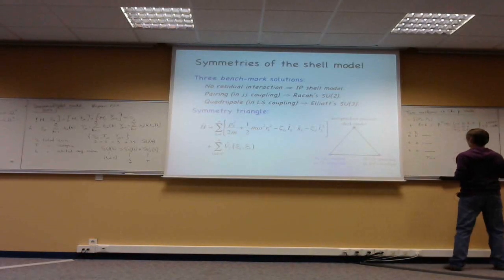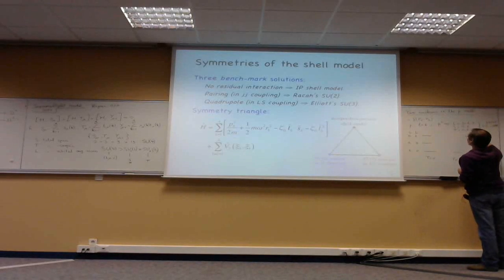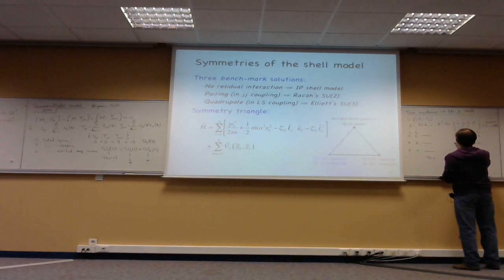And I hope I haven't made a mistake. So here the same thing, S and L. Here S must be 0, so 0, 2, 0. And this is 1, 1.